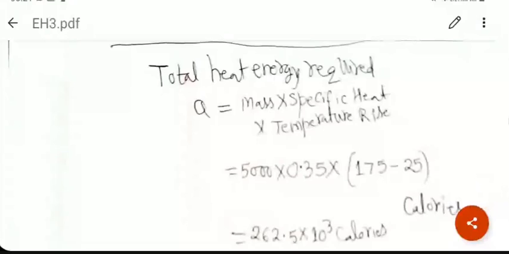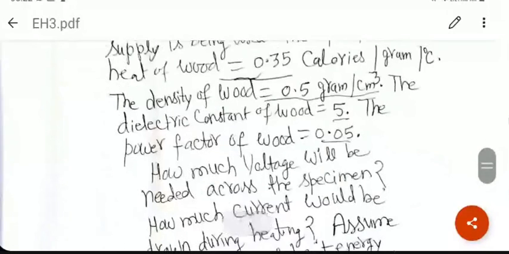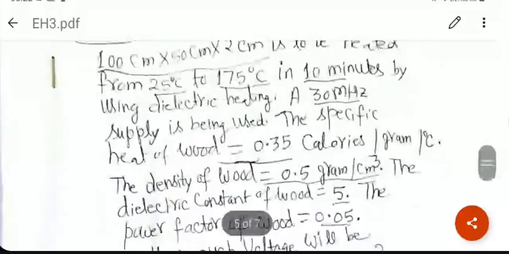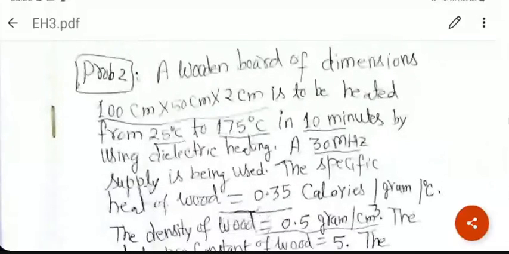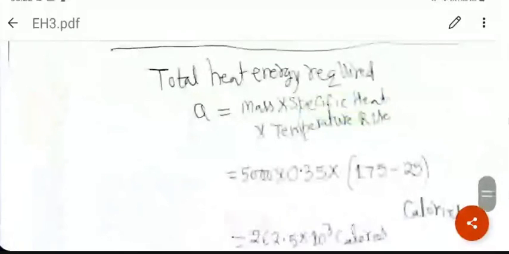Specific heat value is given not in MKS units, so we got to be careful here. The value given is in calories per gram per degree Celsius. So the heat calculated will also be in calories, first of all.